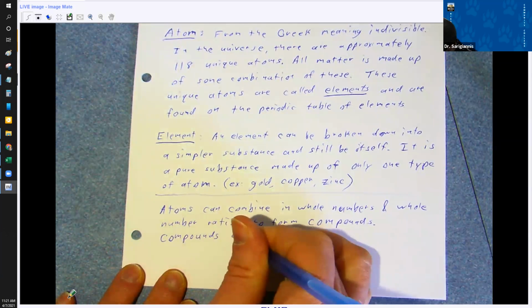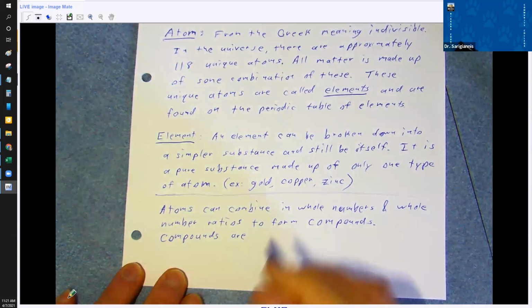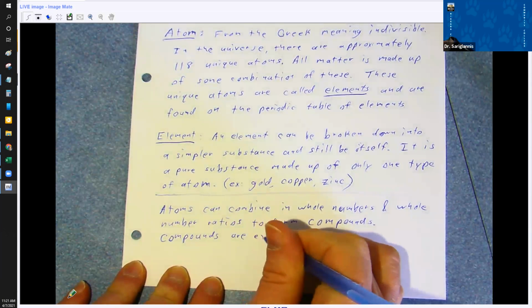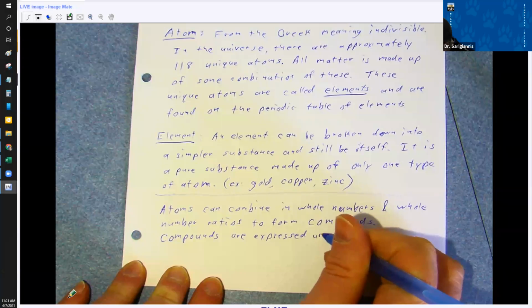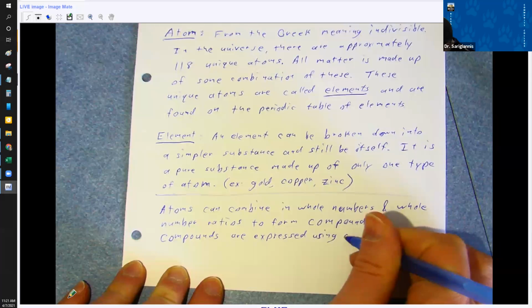Compounds are expressed using chemical formulas.